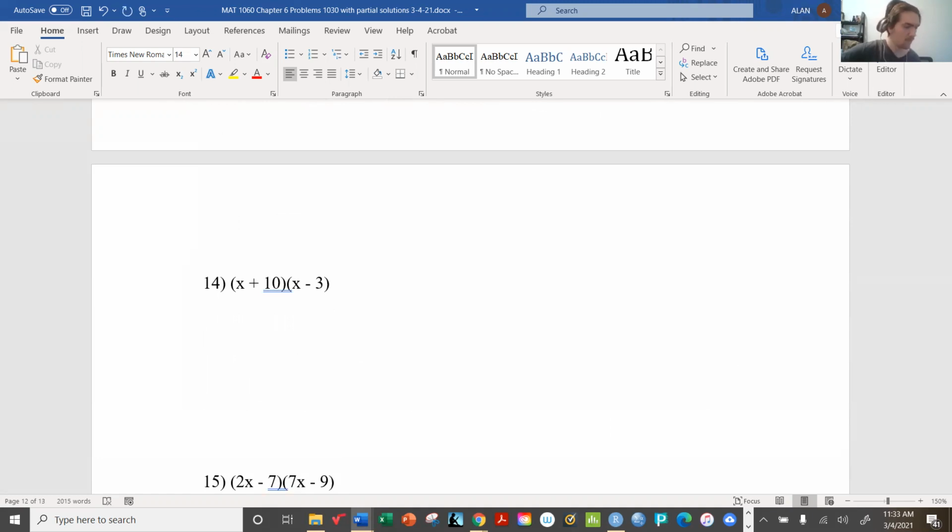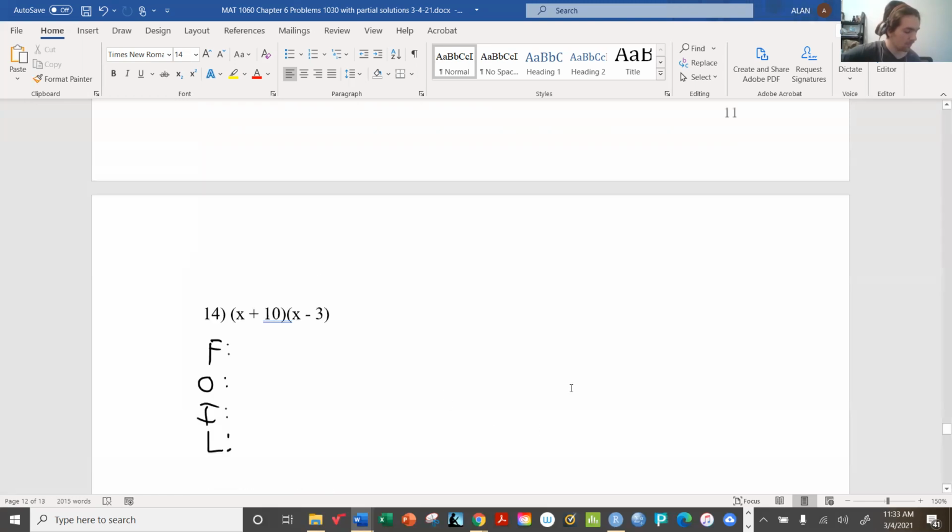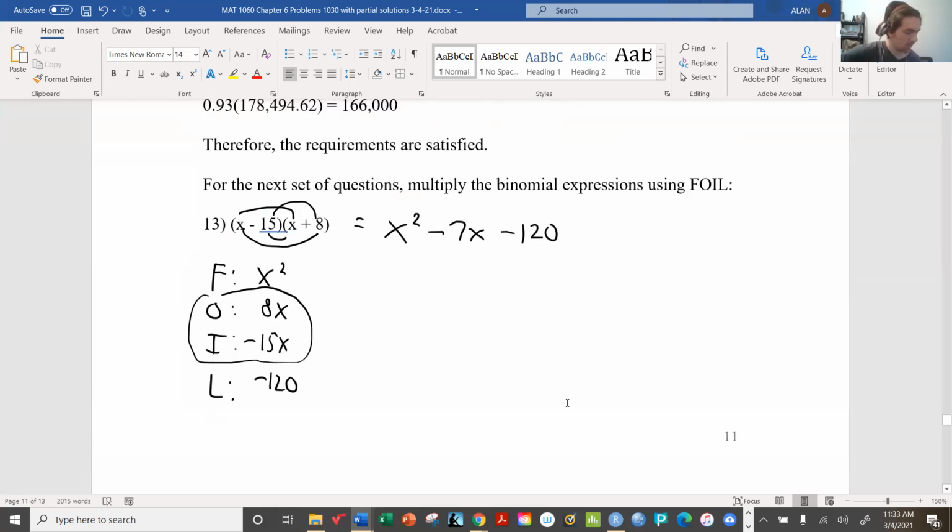All right, so same thing, FOIL. Now, by the way, somebody raised this issue the other day. If you are more comfortable with the box method, which I still don't even know what it is really, I just know that it's a substitute for FOIL.